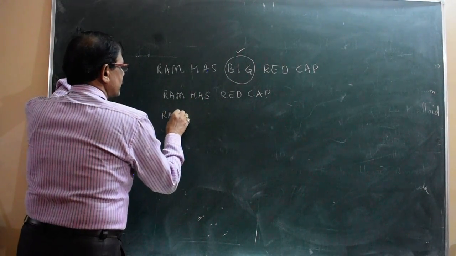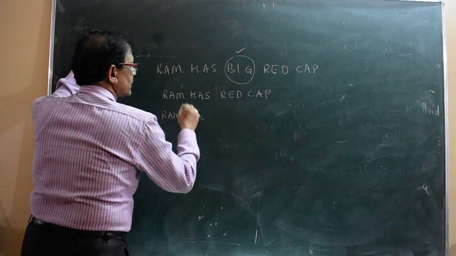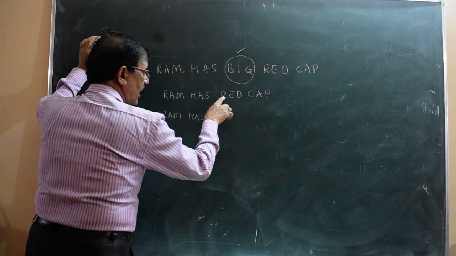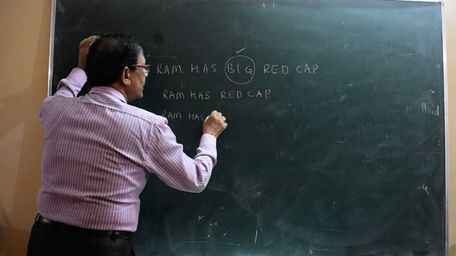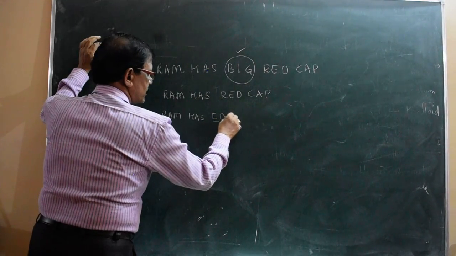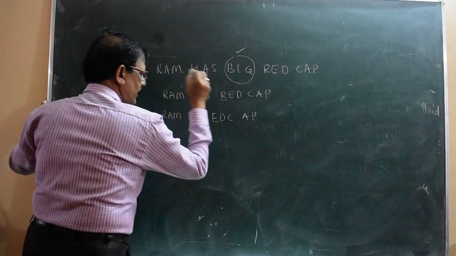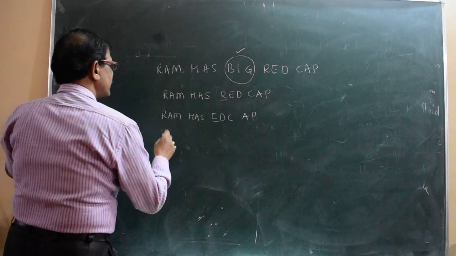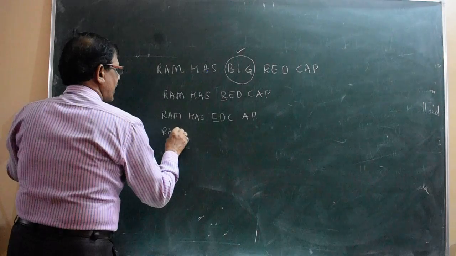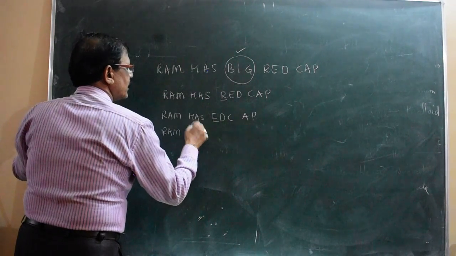Now RAM HAS. Now I remove R, ED, CAP. I removed R. Okay. So next again RAM HAS.